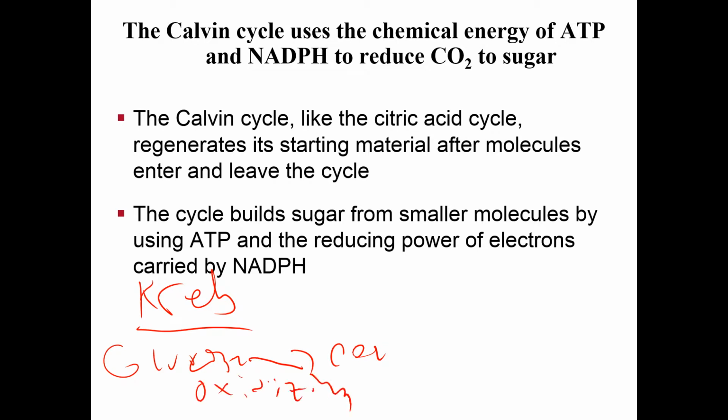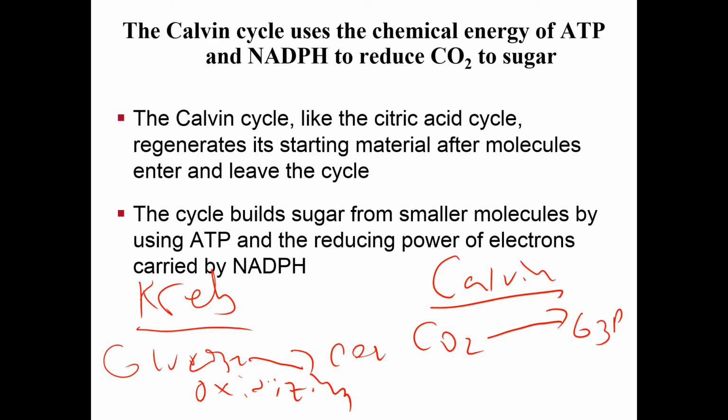Okay. In the Calvin cycle, we're taking CO2 and generating G3P, which is a precursor for glucose. Alright, in this case we're going to be reducing CO2 into this sugar.